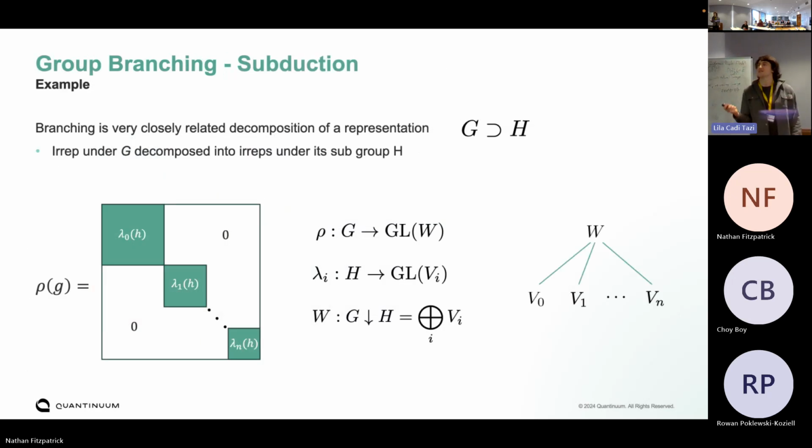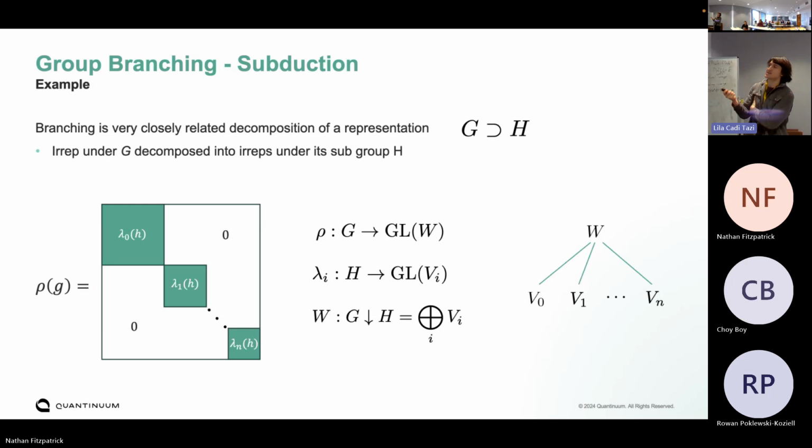Now, this is precisely an example of a subduction chain. You might have a representation of your group G, but under the subgroup H, that vector space might break down into smaller vector spaces V_i, and that's what this notation means here.